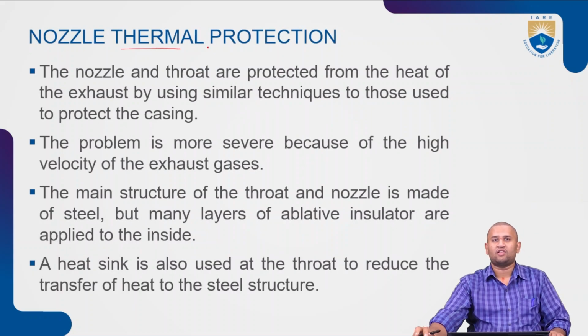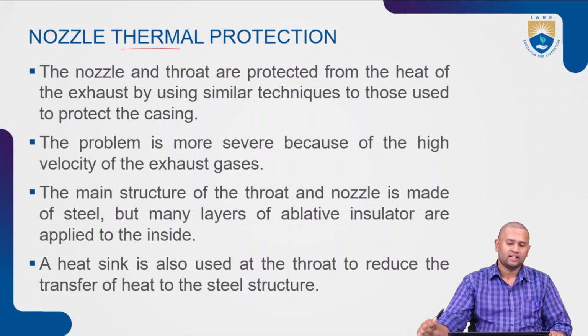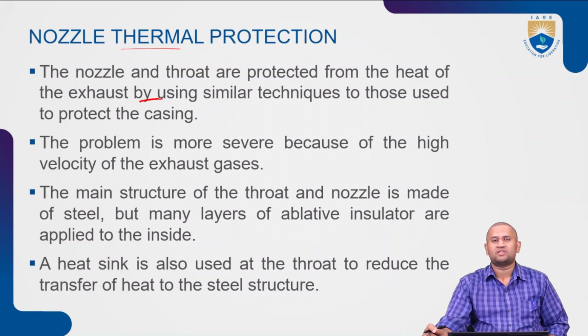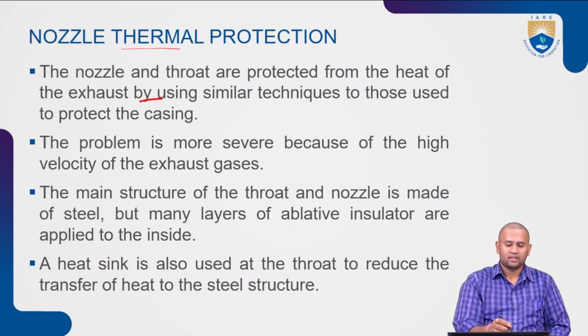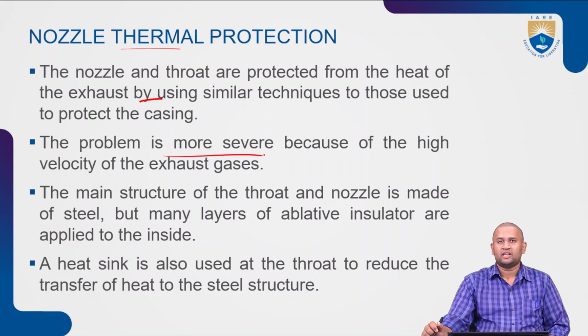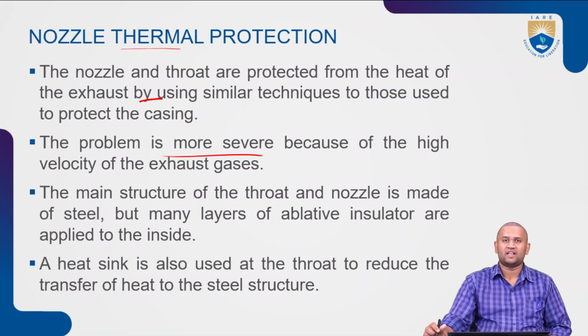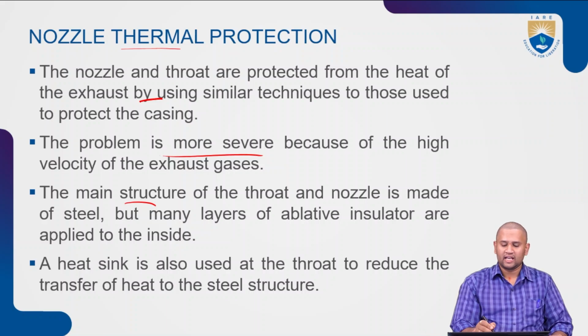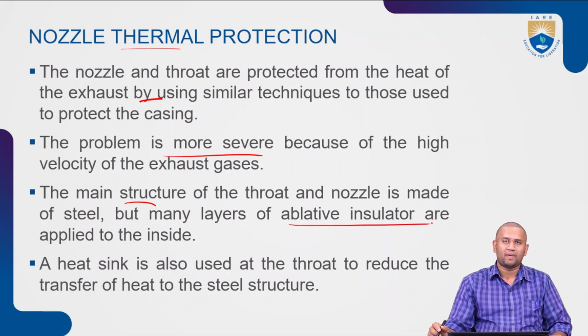Now, coming to our nozzle thermal protection, the nozzle as well as the throat are protected from the heat of the exhaust by using a similar technique to those that protect the casing. The problem is more severe because of the high velocity of the exhaust gases. The main structure of the throat and nozzle is made of steel, but layers of ablative insulator are applied inside.